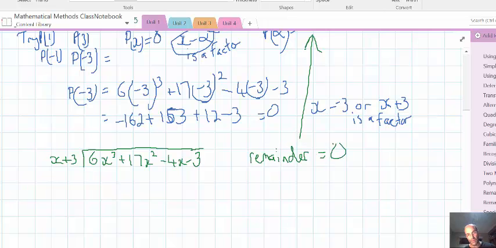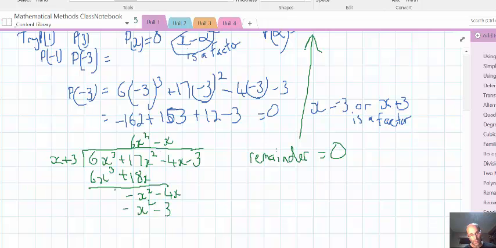So 6x cubed, times by 6x squared gives 18x squared. Subtract, we have negative x squared, bring down the 4x, and times by negative x gives minus 3x.